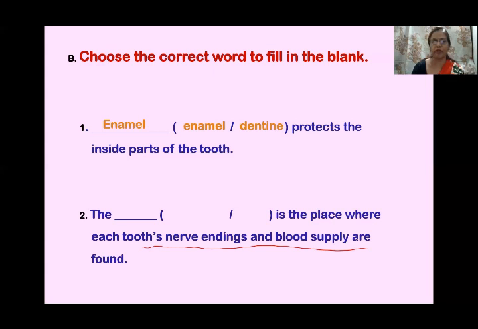Which part of the teeth is having nerve endings and blood supply? First option is cementum. Second is pulp. Which one will be the correct answer? It is pulp.